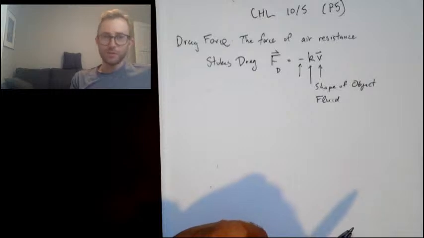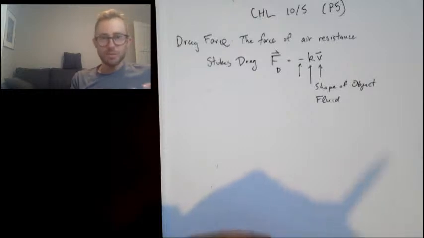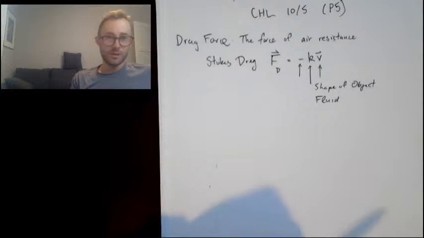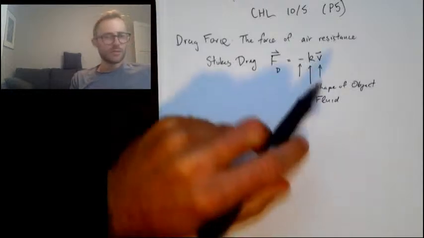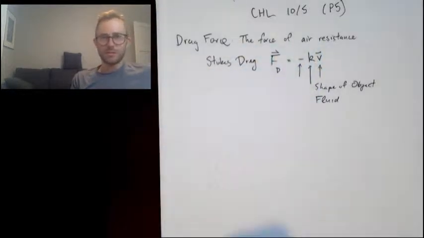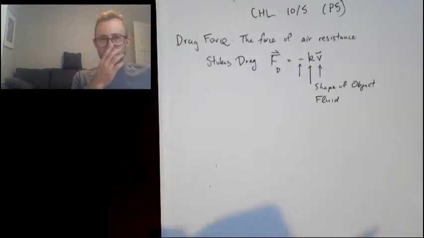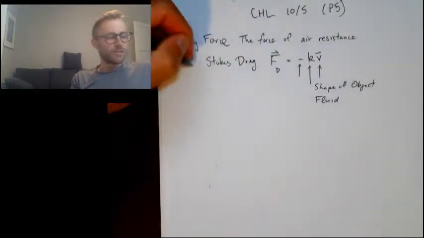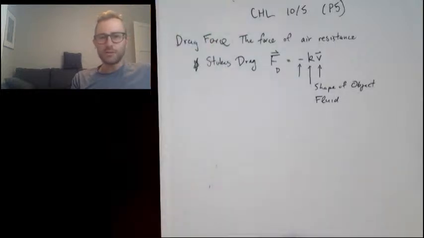If you were traveling through molasses or some thick fluid, then the K constant is going to be very large. So it depends on the shape of the object, and it depends on the fluid. Stokes drag is the model of the drag force that is used in the AP exam. So that's the model that we're going to study the most.